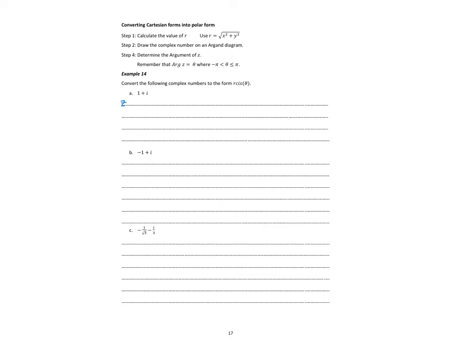So z is equal to the square root of 1 squared plus 1 squared, which is equal to root 2. Theta is equal to tan inverse of 1 on 1, which is pi on 4. Always check my quadrant. I'm there. So pi on 4 is my angle. z is equal to root 2 cis pi on 4.